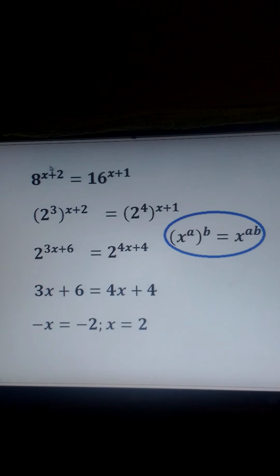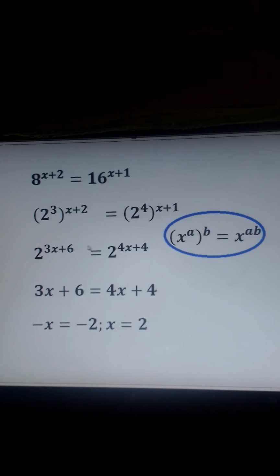So we have just written this term in another way, in the power form where 2 is the base. This one also can be written as 2 times 2 times 2 times 2, or 2 raised to 4, is equal to 16 raised to x plus 1.